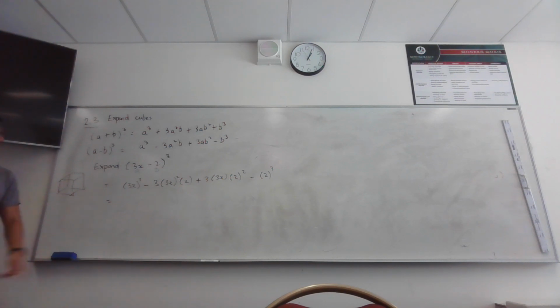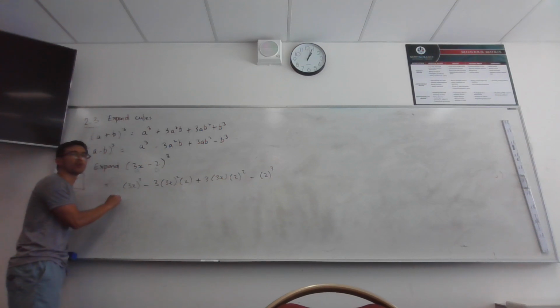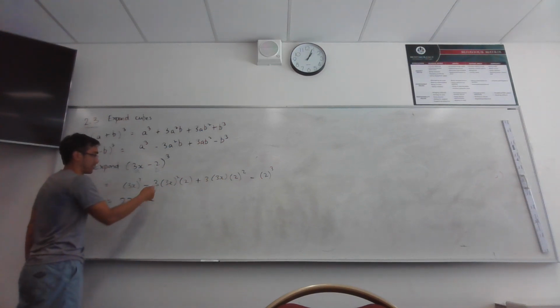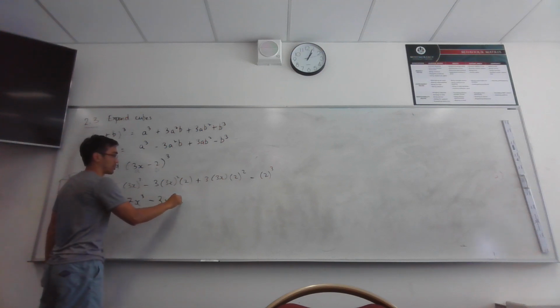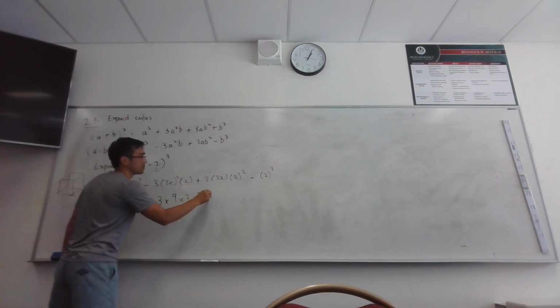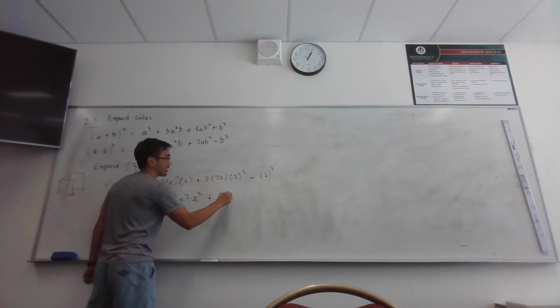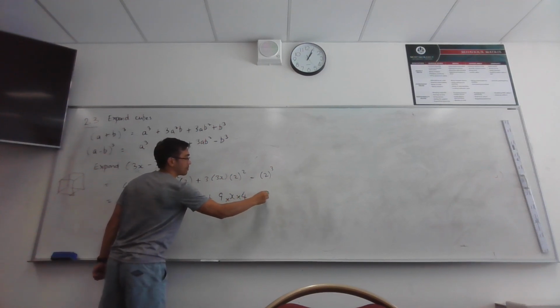Then we just clean it up. 3 cubed is 27, x cubed. All right, let's just slow it down. 3 times 3 squared is a 9, times a 2 and an x squared. 9 times an x times a 4, minus an a.